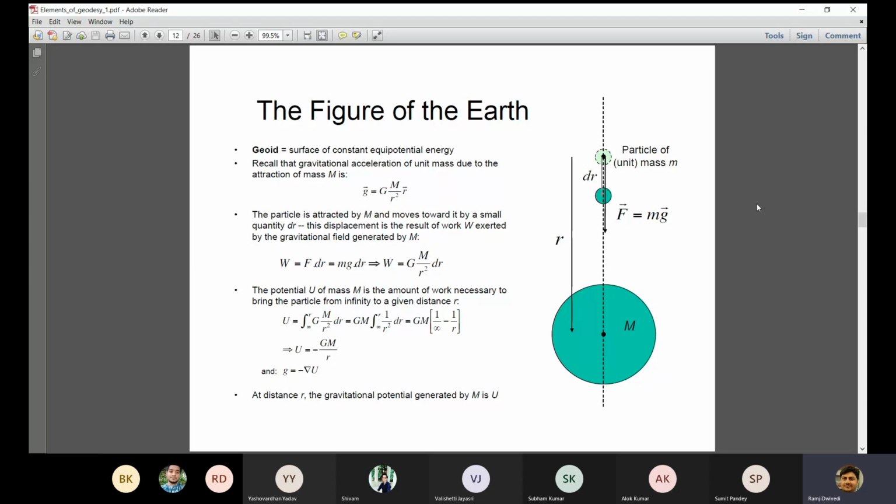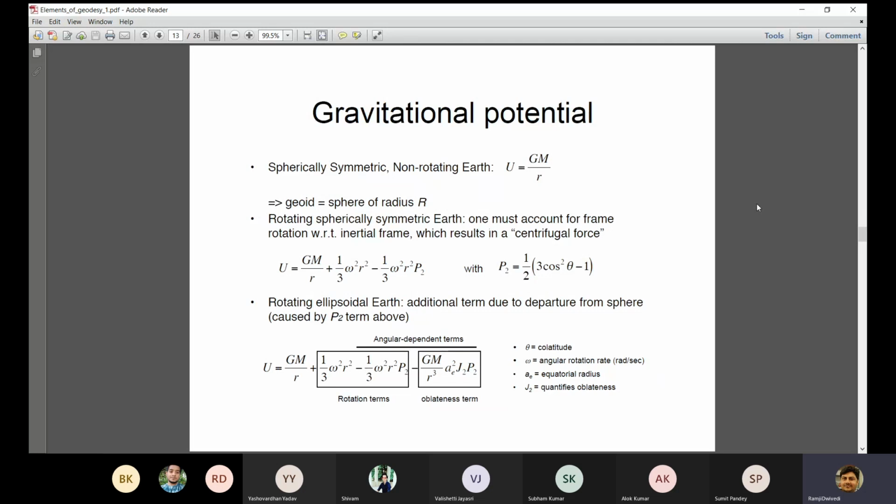And as the mass distribution varies, that's how your gravity varies. The height system also needs a little introduction. So this gravitational potential concept is applied to a so-called rotating ellipsoid, which has a rotation term and an oblateness term.